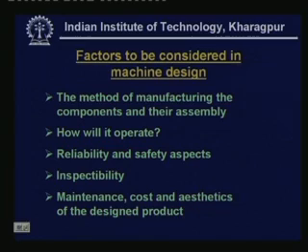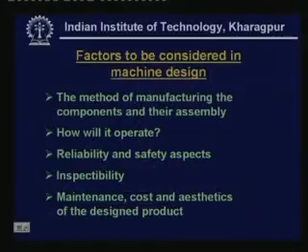Reliability and safety aspects are one of the things which have to be taken care of. Now, what is reliability? It is basically the probability that the machine will not fail in its life duration. This requires that you be very careful about how much wear is taking place and where the forces are acting on the machine elements, so that none of the safety norms are violated.